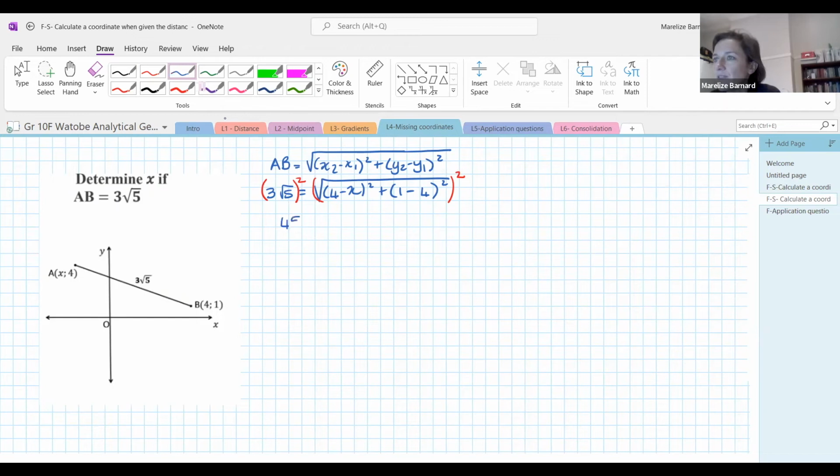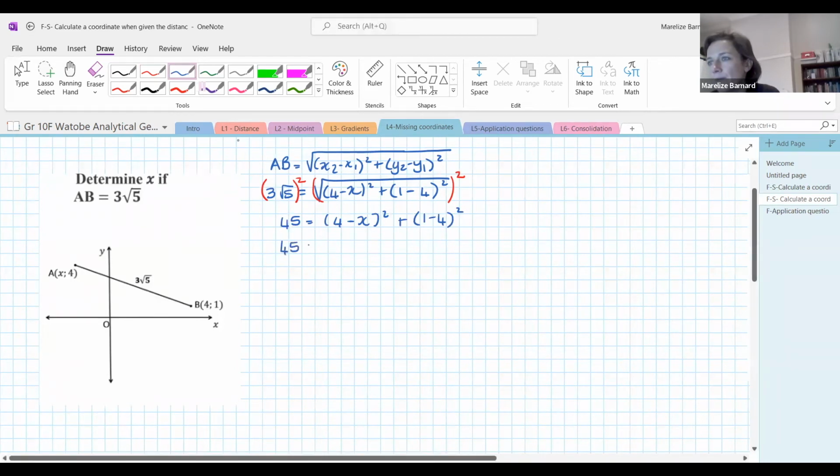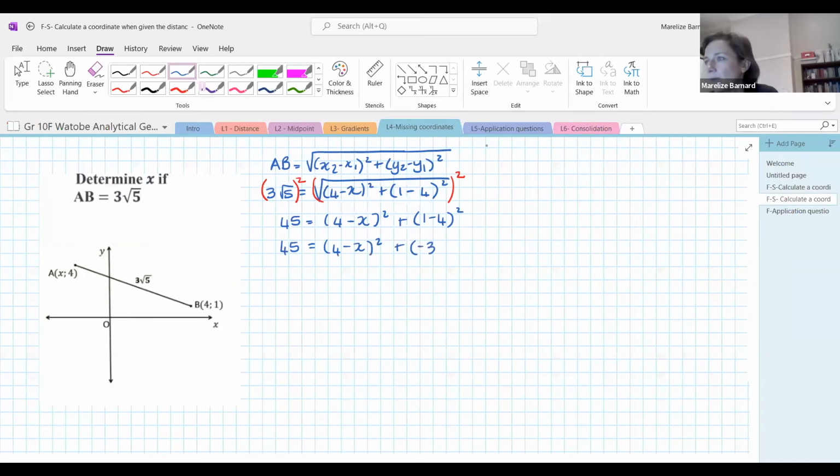Good stuff. And then on this side, we have 4 minus x squared and 1 minus 4 squared. Okay, great. And what should we do next? Okay, so what I did was I rewrote the line, but I simplified the second bracket, so I made it minus 3 squared. But if you solve that bracket out, the line becomes 45 equals bracket 4 minus x squared plus 9.